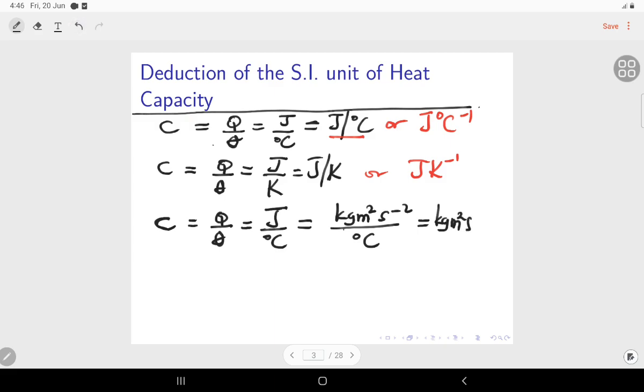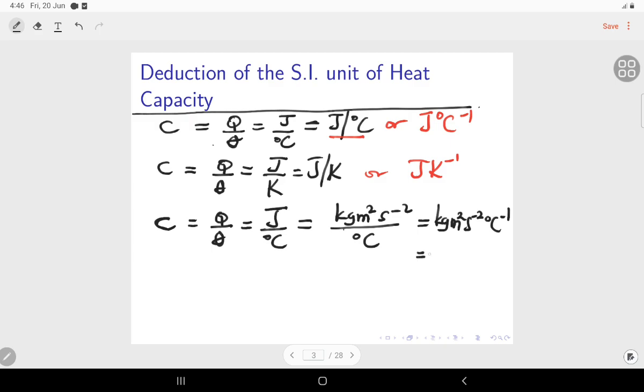Kilogram meter squared S neg 2 per degree Celsius.